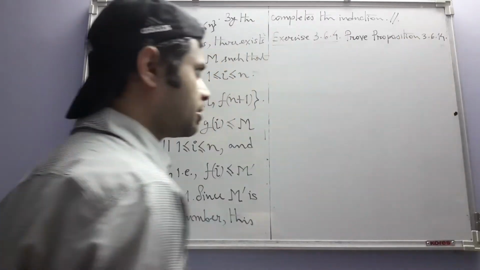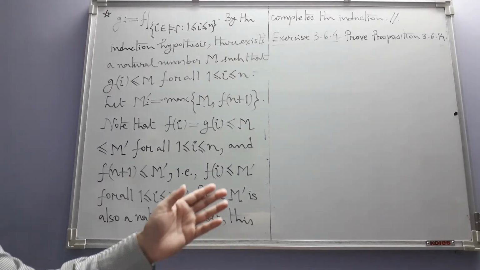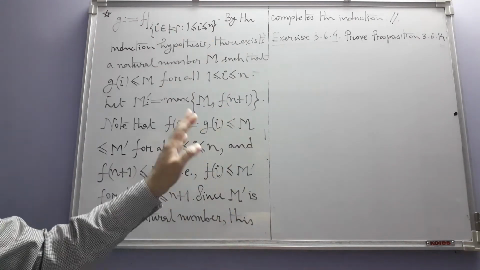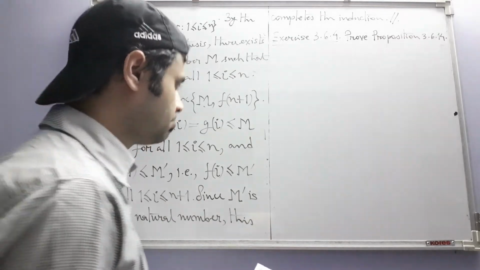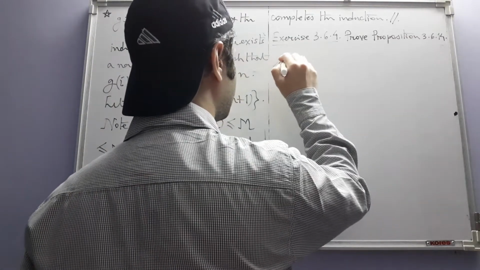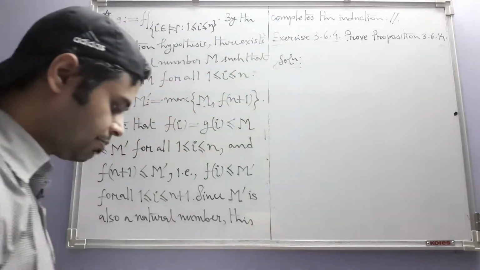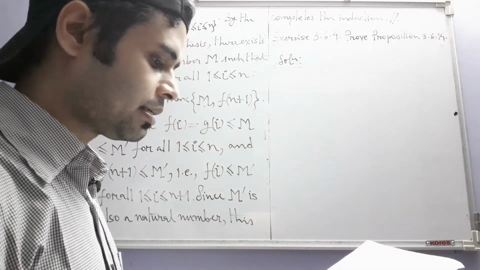Proposition 3.6.14 is the one which is named cardinal arithmetic. So all those subdivisions and all those things we are now going to prove. And we have to now recall one by one what those assertions were.